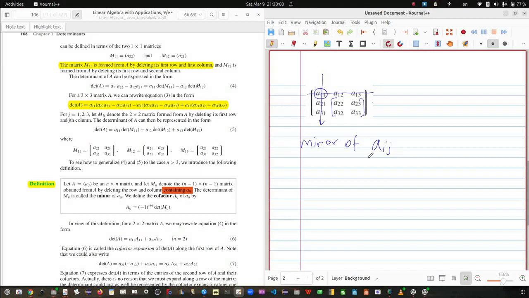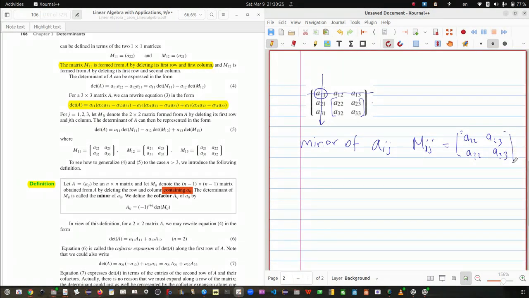Then the minor of Aij is called Mij, and M11 is basically A22, A23, A32, A33.